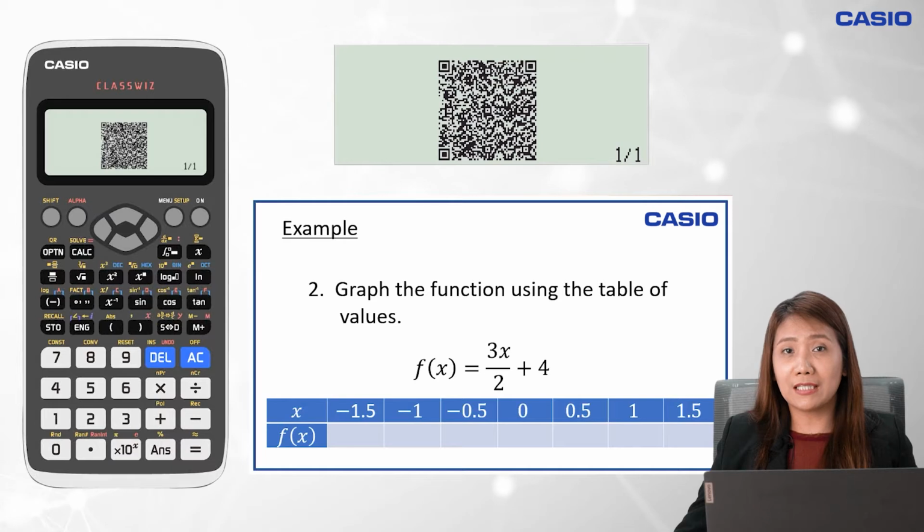Graph the function using the table of values. The function is f of x is equal to 3x over 2 plus 4. Let's complete the table using CASIO ClassWiz before graphing the function. First, we press Menu and 9.